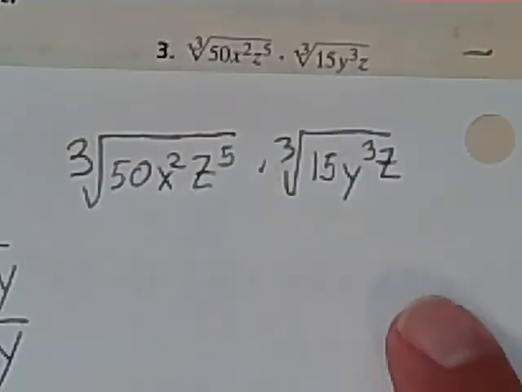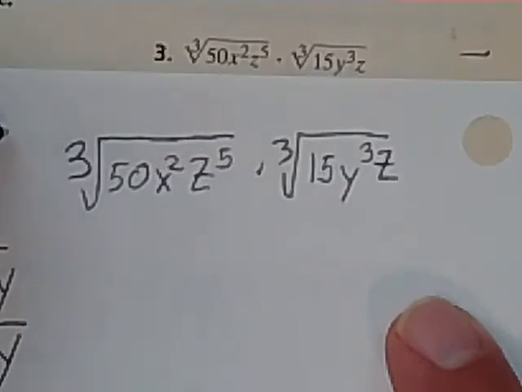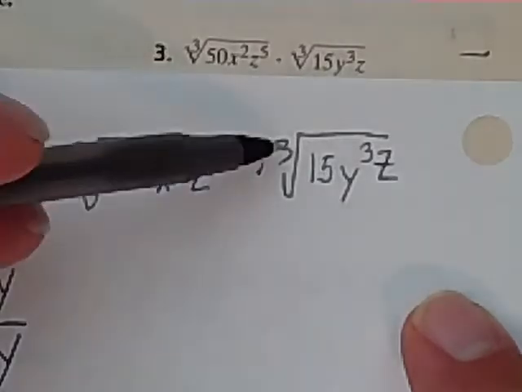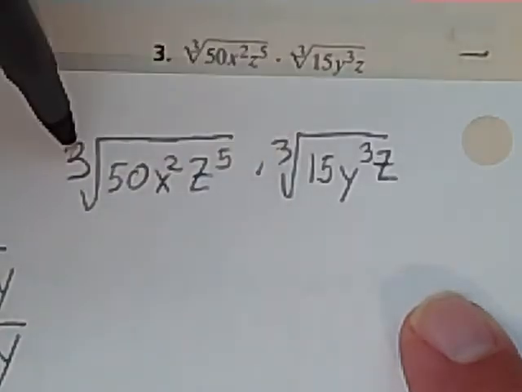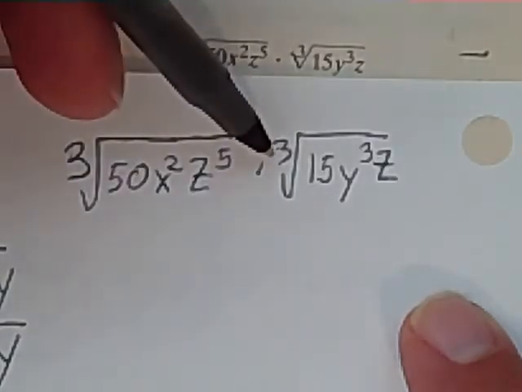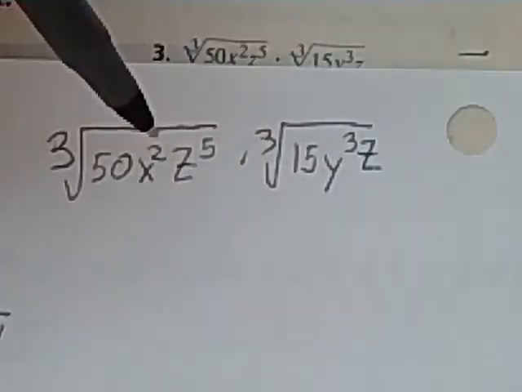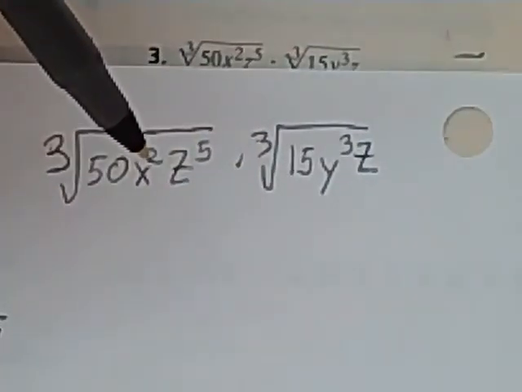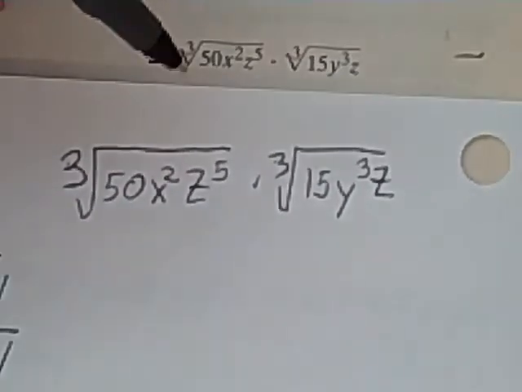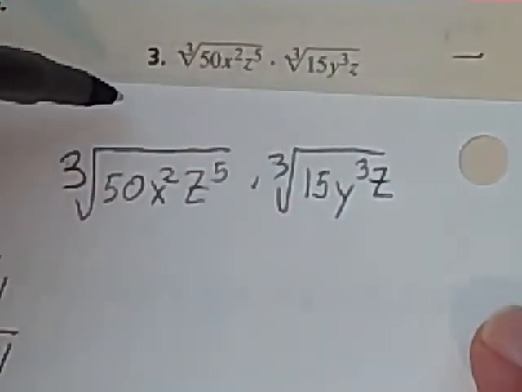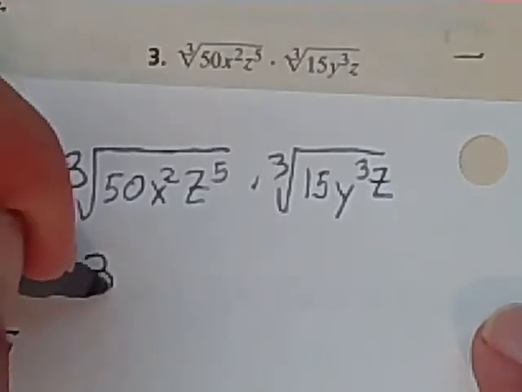Because they are both cube roots, we can combine them. If one was squared and the other was cubed, we can't do anything about it. So this is going to become the cube root of.